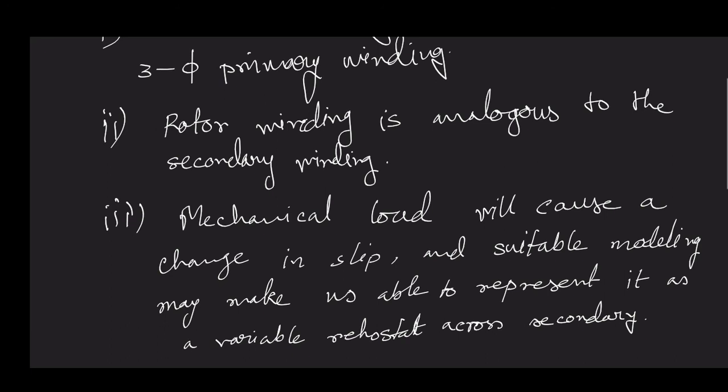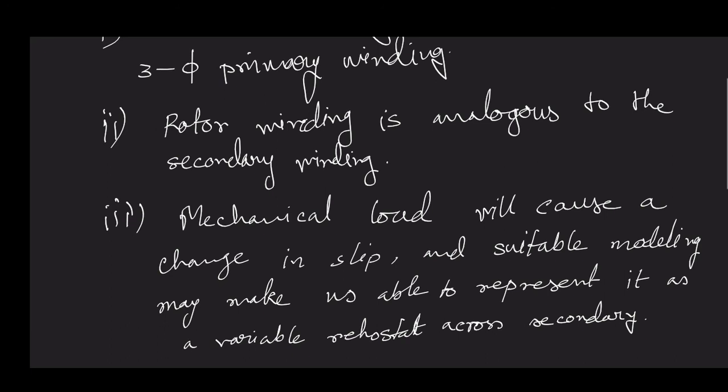Now, when we are talking about induction motor, that converts electrical energy into mechanical energy. Now, if we are talking about mechanical load, that mechanical load can suitably be modeled by a component of electrical engineering that can represent active power.